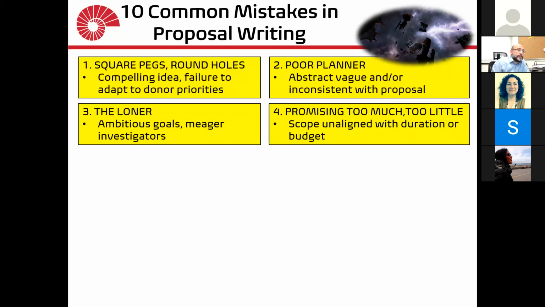Promising too much, too little. Now, some proposals fail to align between the scope and the duration, or between the scope and the budget that they propose. They may overpromise by including unpaid labor, for example, in the proposal. Some mistakes we have also seen like that.